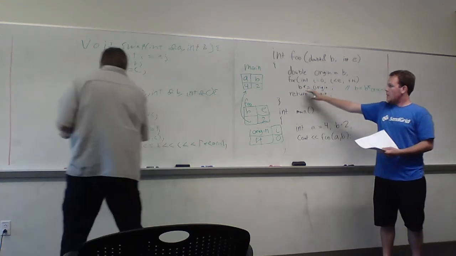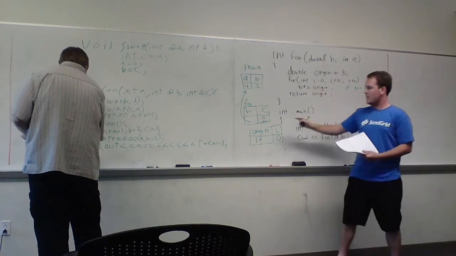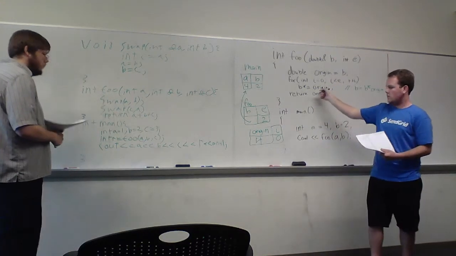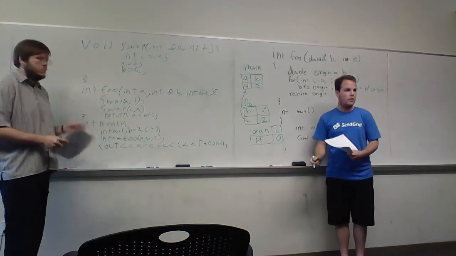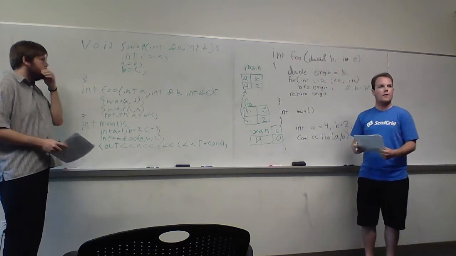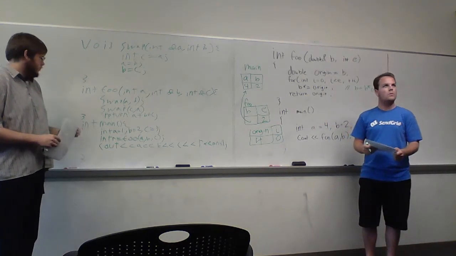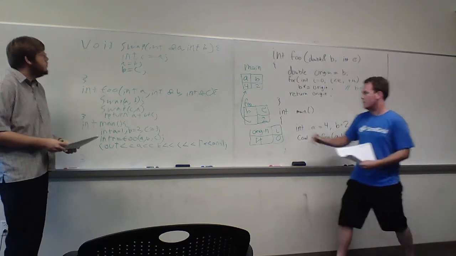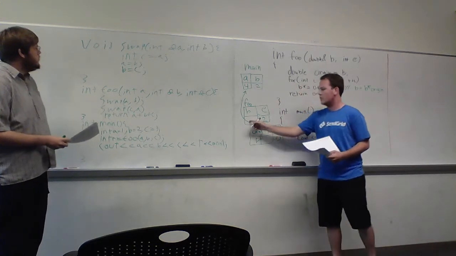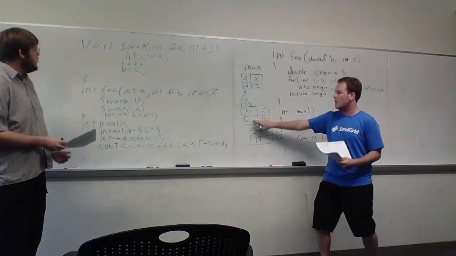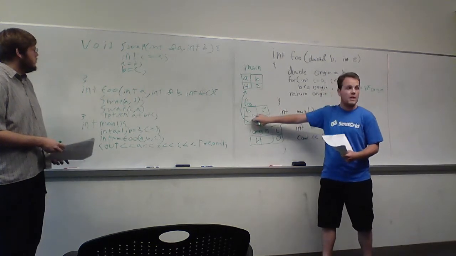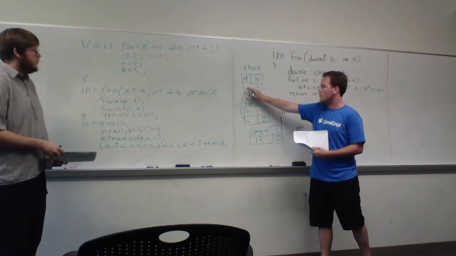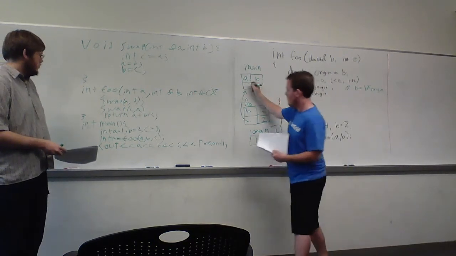So B is 4 times origin, which is 4. 4 times 4 is 16. 16 goes into B, and B is a reference to A, so the changes in B get reflected in A. So A is now 16.